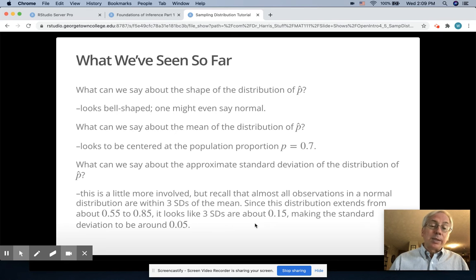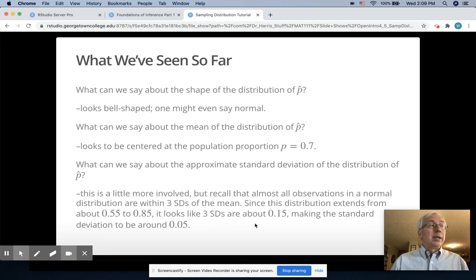So we're going to estimate the standard deviation to be about 0.05, about 5 percentage points. Okay, so we've got an idea of shape, bell shape or normal, center, 0.7, the population proportion, and for the sample size of 100, it looked like the standard deviation was about 0.05.